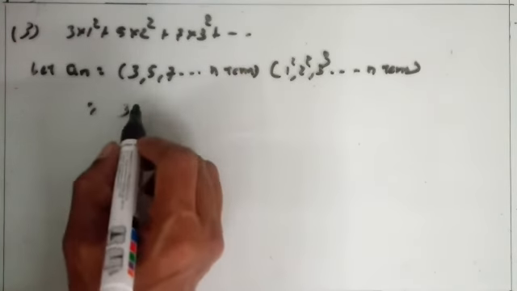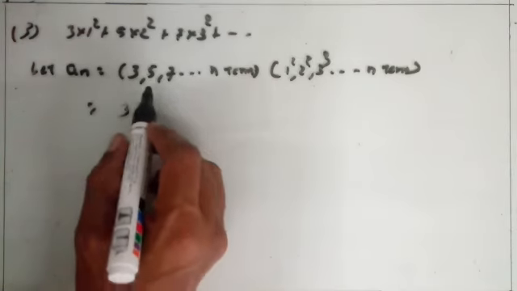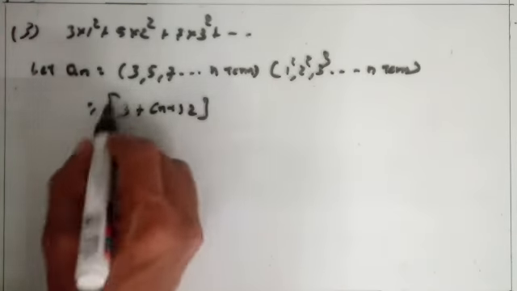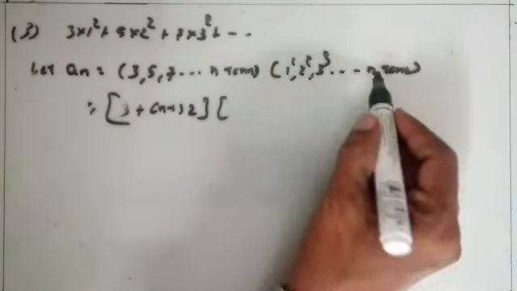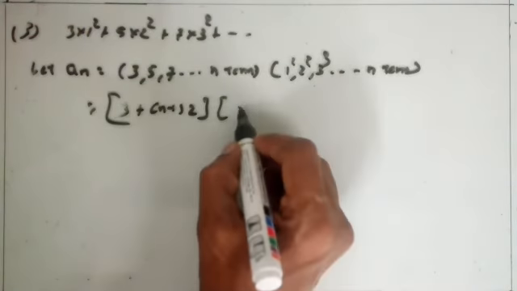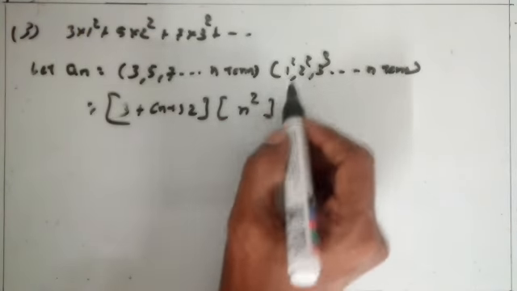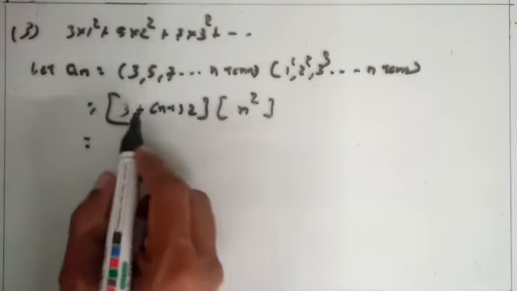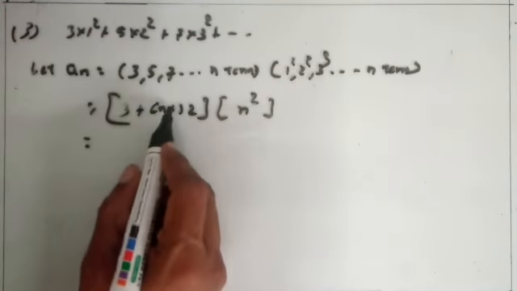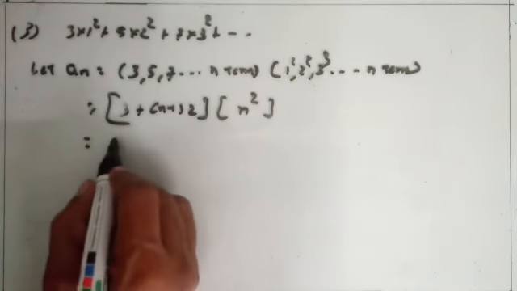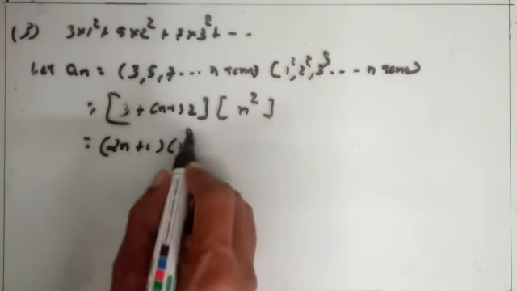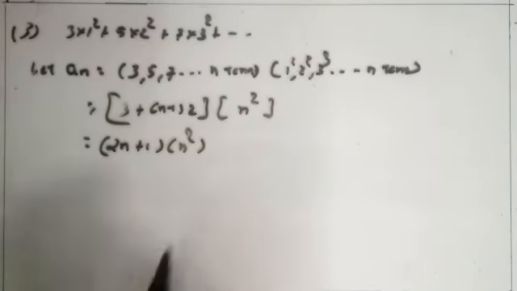Here the first term is a, 3 plus (n minus 1) into the common difference 2. Into, here the n-th term of this is n square, clear, given 1 square, 2 square, 3 square up to n square. So here 2 taken inside, 2n minus 2 plus 3 becomes 2n plus 1, and n square, clear, so a_n is equal to n square (2n plus 1).